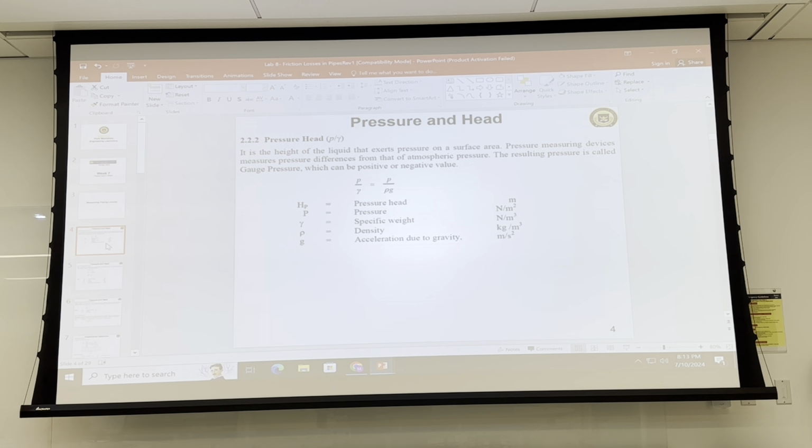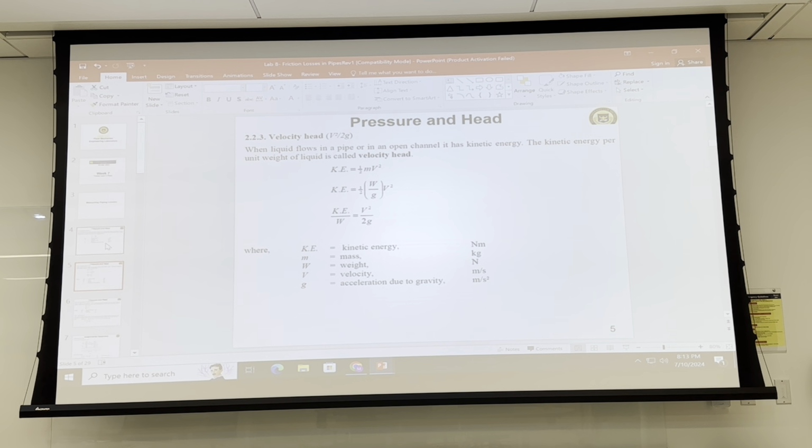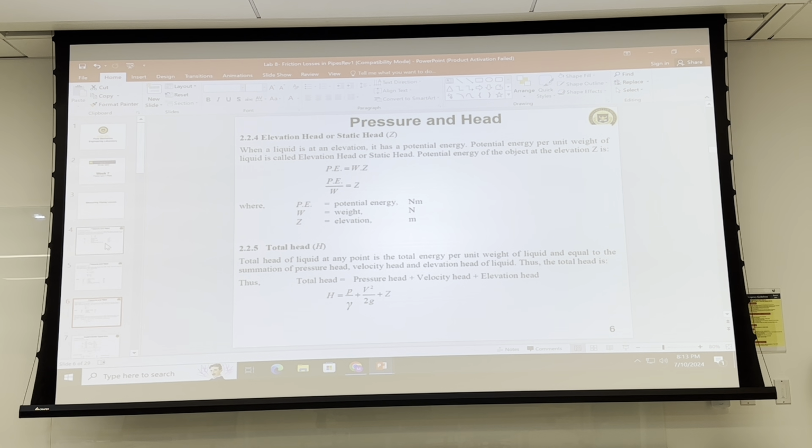It can be written as P over rho g, that is gravitational force and density, and that is the pressure head. Again, refreshing, we said there are three heads: velocity head, pressure head, and also what he is showing here, velocity head and then static head. The three different heads.